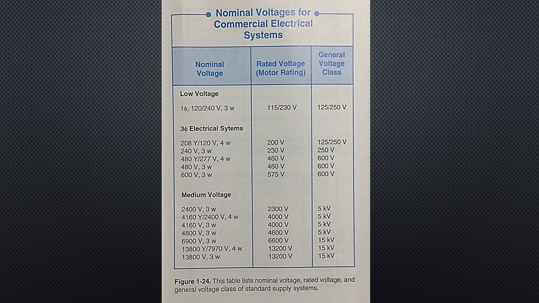The wire is abbreviated with a W, and a Y system is designated with the letter Y. For example, a three-phase, four-wire, 120/208-volt Y system is abbreviated as 3, the symbol for the phase, which is a slashed 0, comma, 208Y/120 V for volts, comma, 4 W for 4 wires.